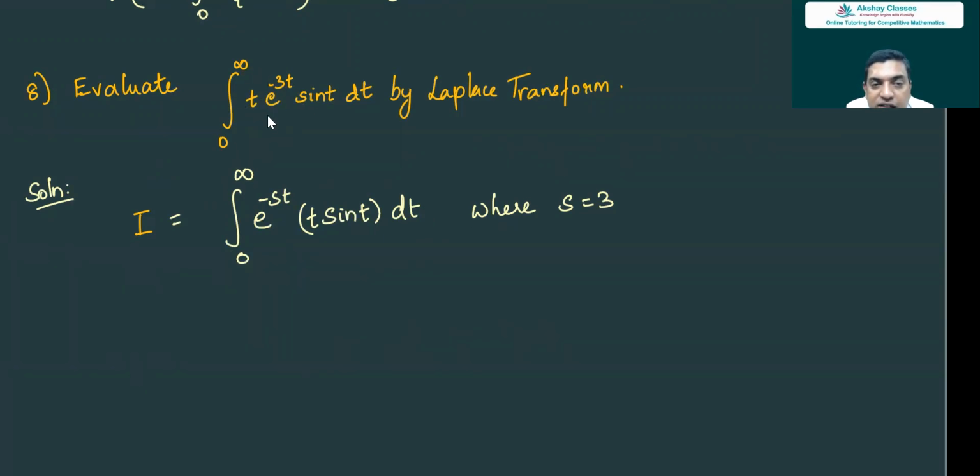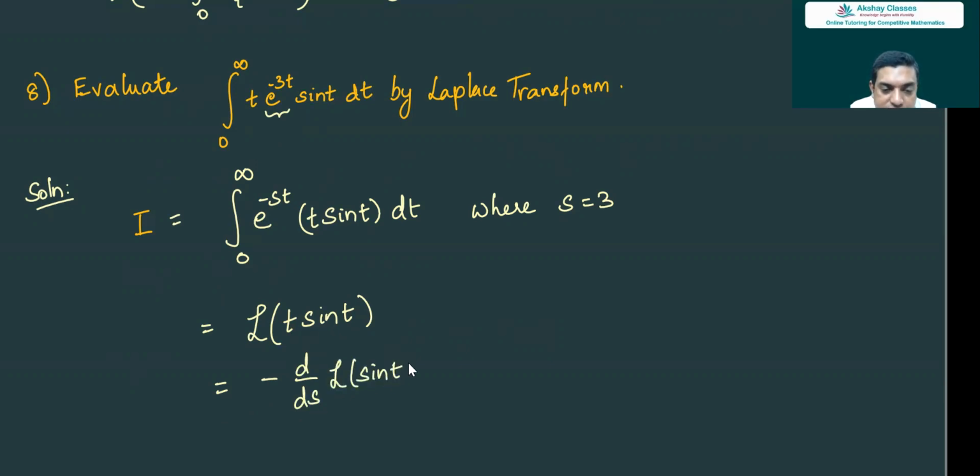But you would consider this one as e power minus st. So now this is nothing but the Laplace transform of t sine t. Now multiplying by t means differentiating once. So it is minus 1 to the power 1 times the derivative of the Laplace transform of sine t.